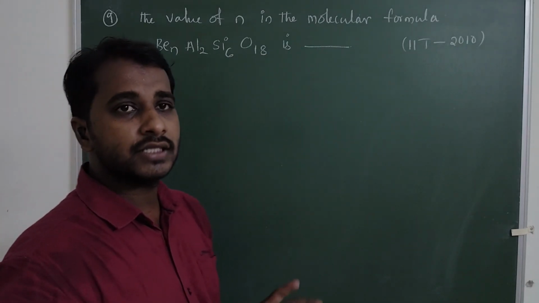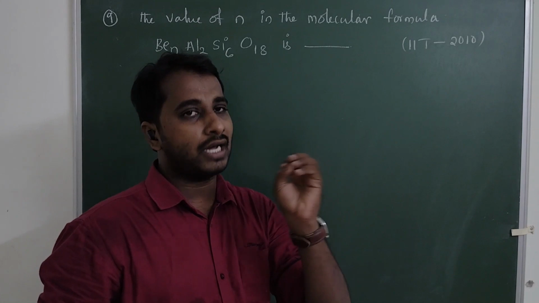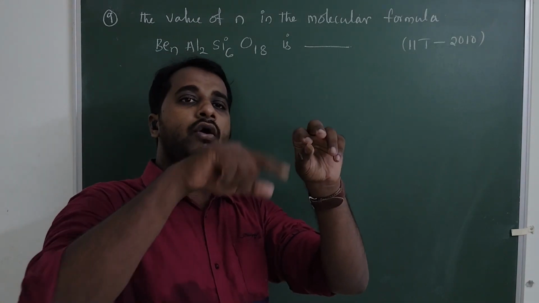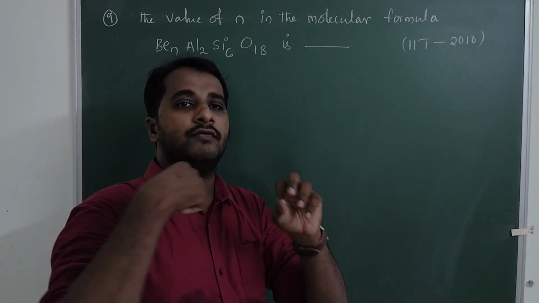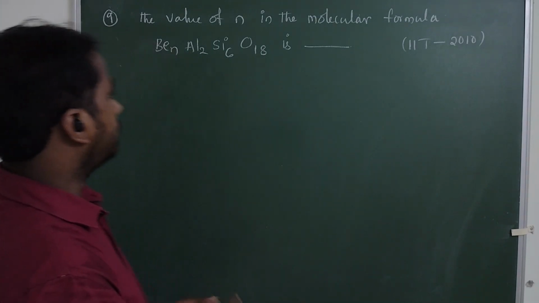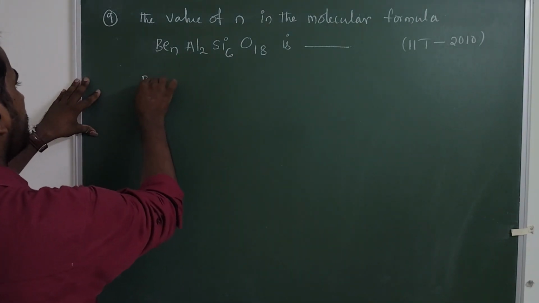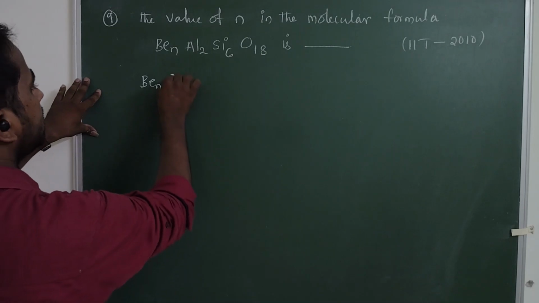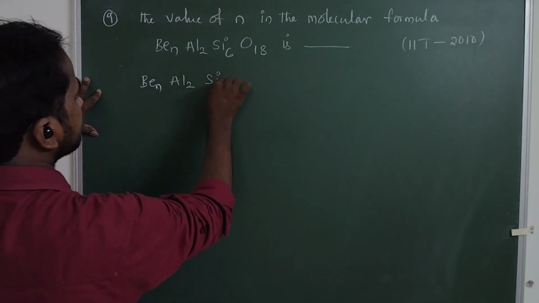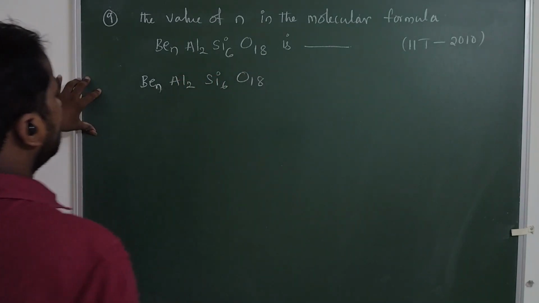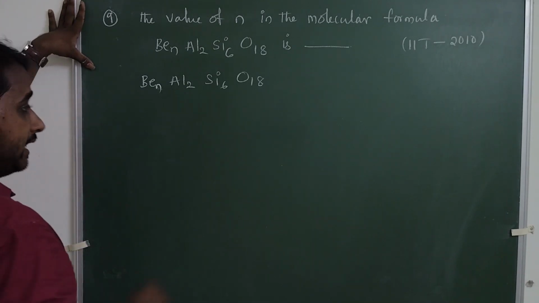Oxidation state is nothing but the charge left on a molecule or an atom after removing all the connected atoms in their ionic form. So coming to the point, BenAl2Si6O18. Let the valency of beryllium be 2.